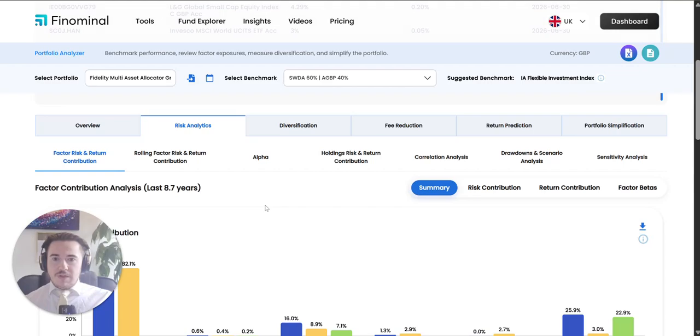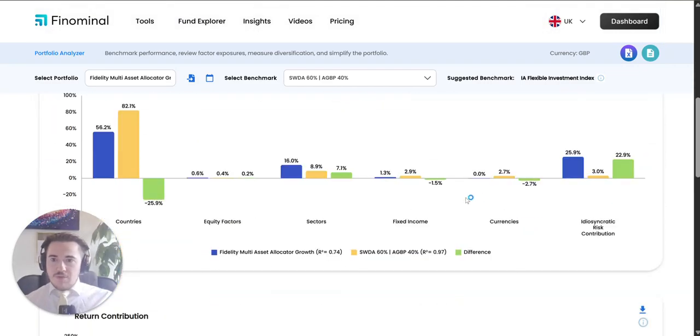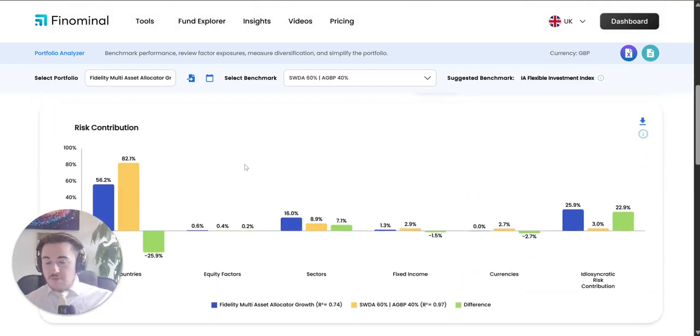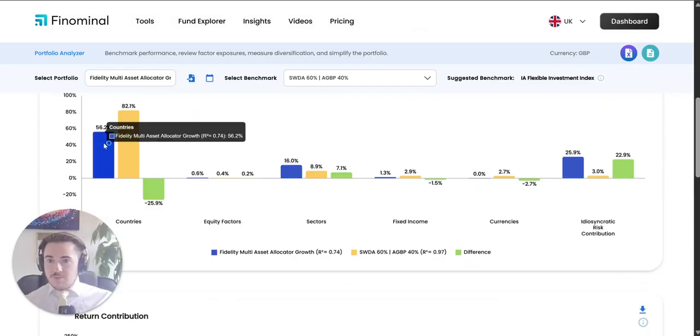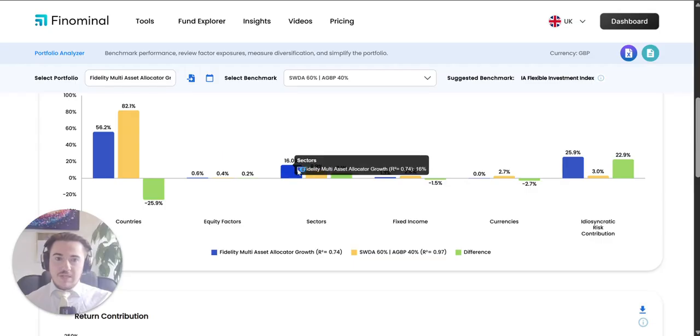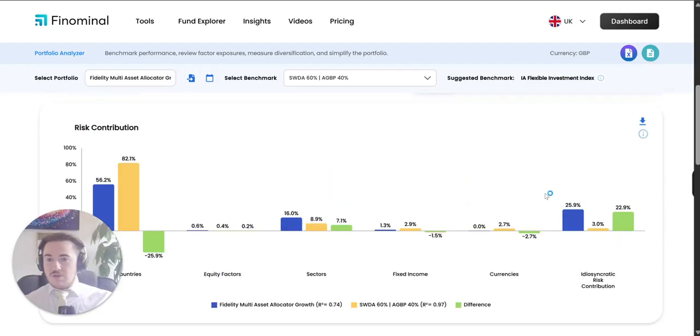Let's head over now to risk analytics, where we can see from a risk contribution perspective, 56.2% of the risk comes from country exposure, so it's got 16% in sectors, as well as 25.9% from idiosyncratic risk.